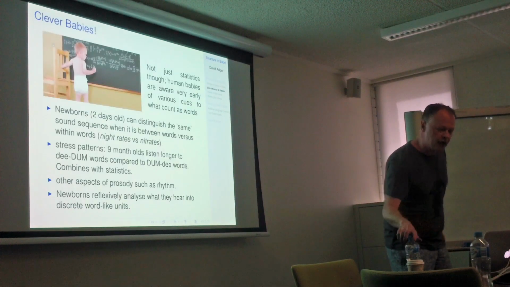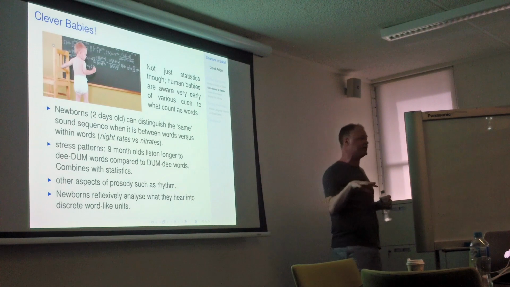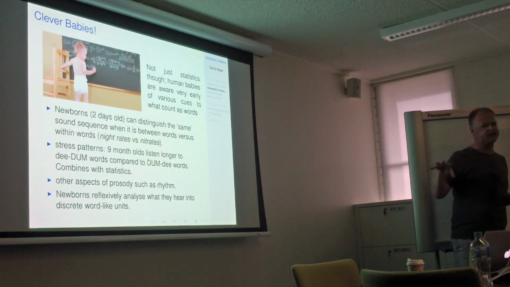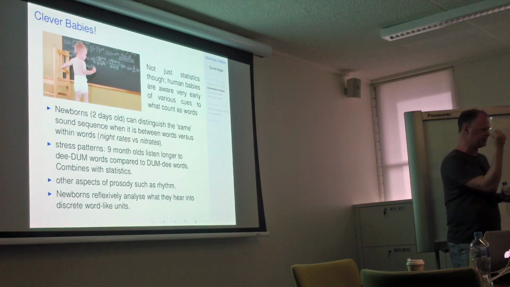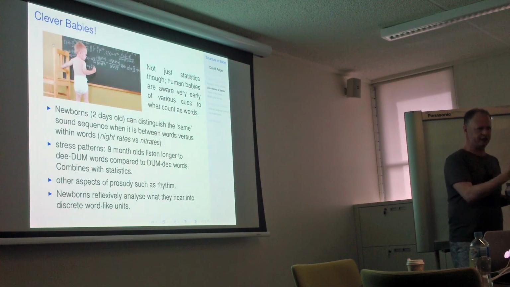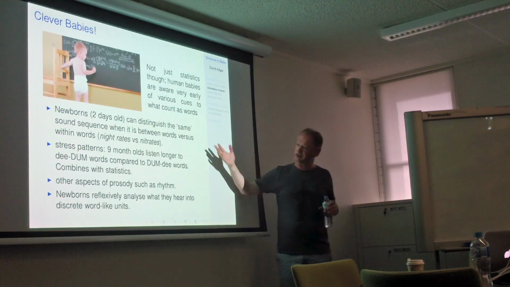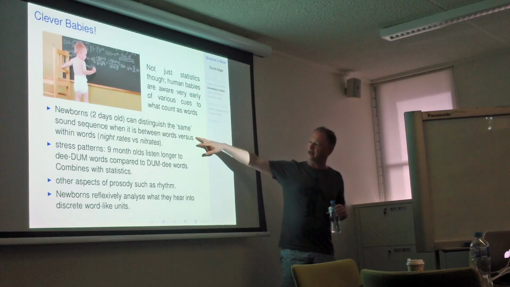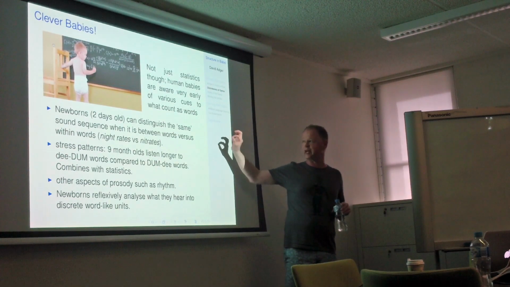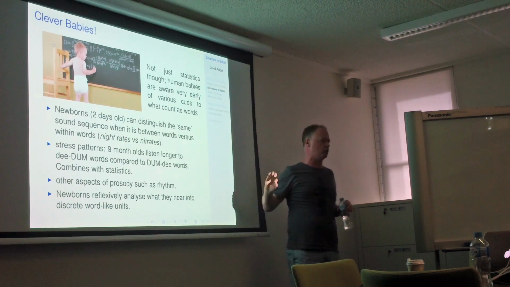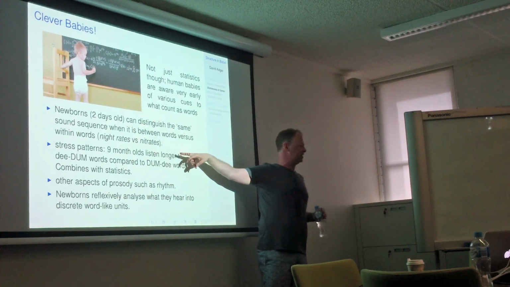Now, it's not just statistics. Human babies use all sorts of other things on top of the statistics to do this. But what they're doing is always the same thing: they're extracting discrete units from a signal that's not necessarily discrete. It turns out, for example, in work by Jacques Mehler, that newborns 2 days old are able to distinguish the same sound sequence when it's between words versus within words. So "night rate" and "nitrate" sound pretty similar, right?